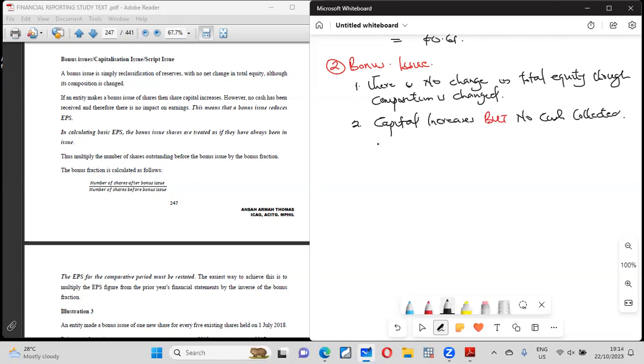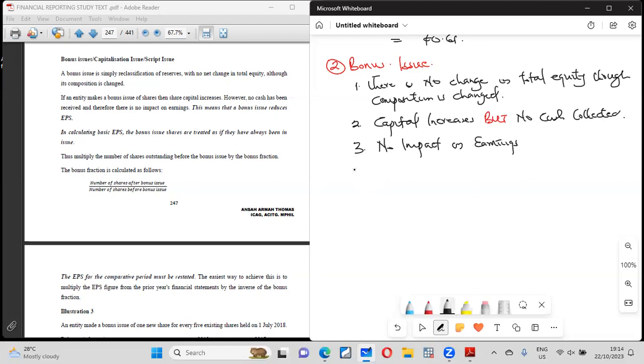So there is no impact on earnings. Because no cash is collected, there is no impact on earnings. These are the things you learn about bonus issue.